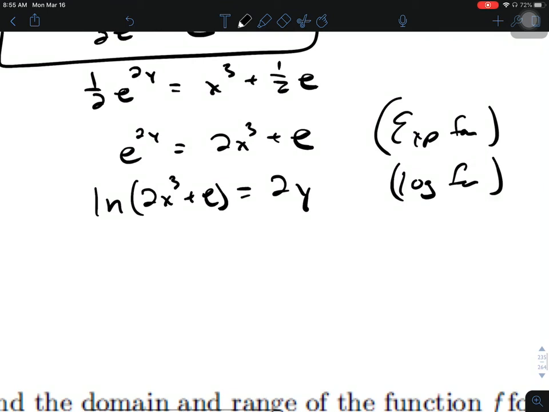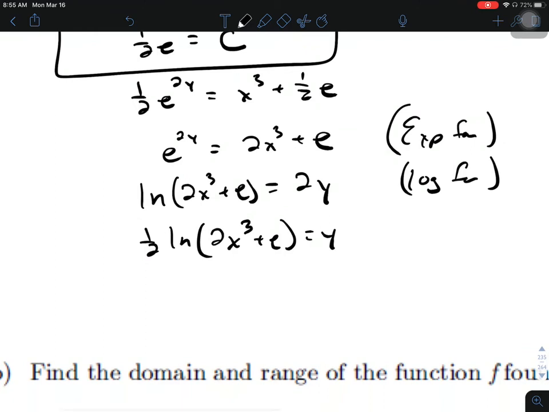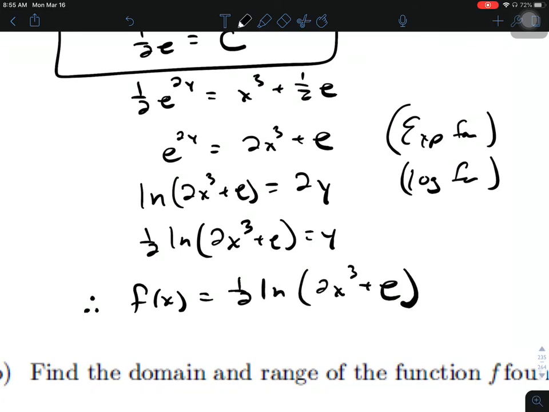To get y by itself, multiply both sides by 1/2, and I get 1/2 of natural log of 2x cubed plus e. So in conclusion, f of x is going to be 1/2 natural log of 2x cubed plus e.